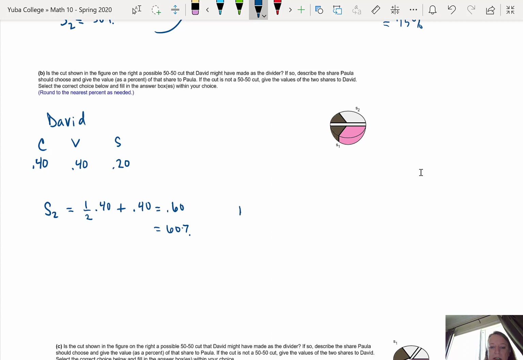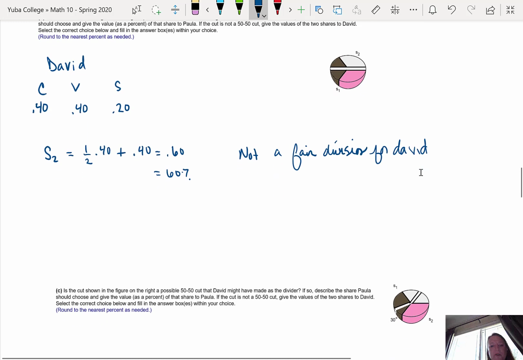So this is not a fair division or a 50-50 division for Nick. Not Nick, sorry, different player, David. So if that's worth 60%, then S of 1 is equal to 1 minus 0.60. So this would equal 0.40, or 40%, would be his share.